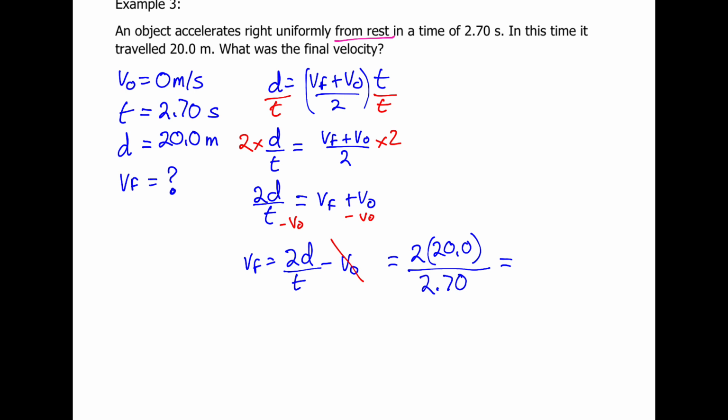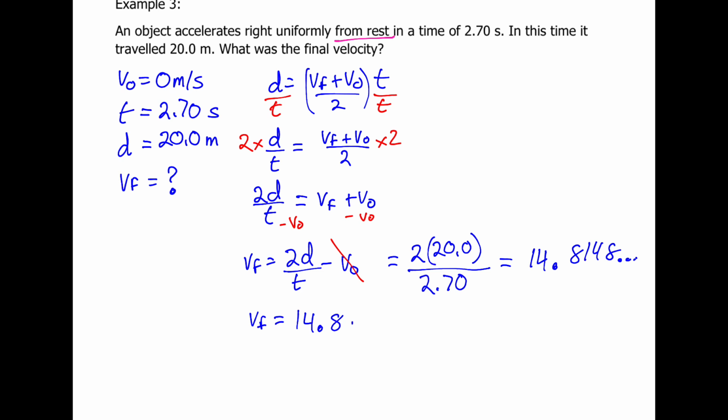Nice. I get 14.8148, a bunch of numbers. And now I can finish up my question as vf equals, and I can start doing all of my rounding thoughts. How many significant digits should I keep in this question? I'm going to keep 3. So it's going to be 14.8.